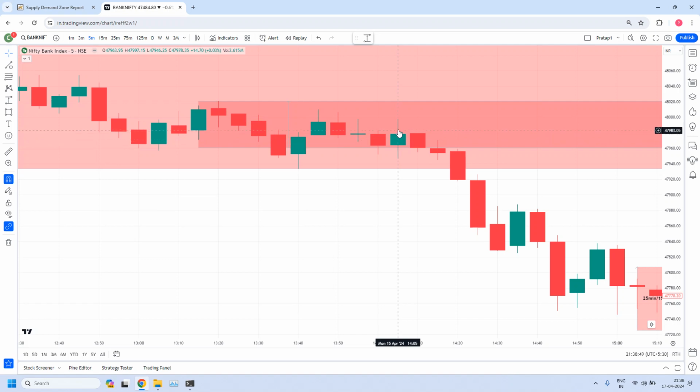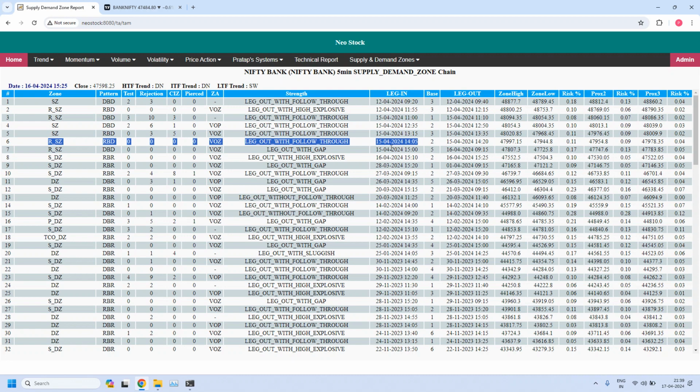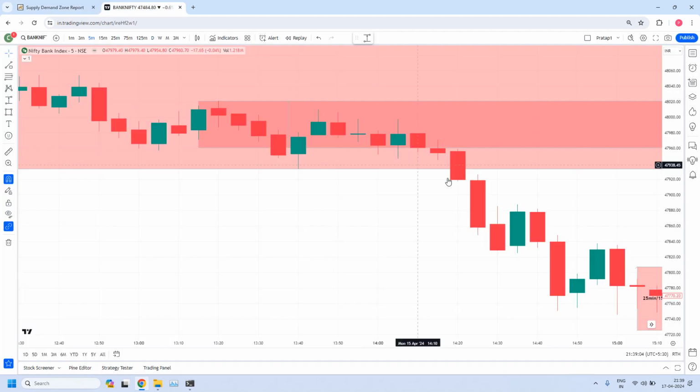Oh, we have a candle the software identified, we missed it manually. We have 14.5, here we have two base candles. 15.4, 14.20. That means we are getting a fine-tuned zone here.